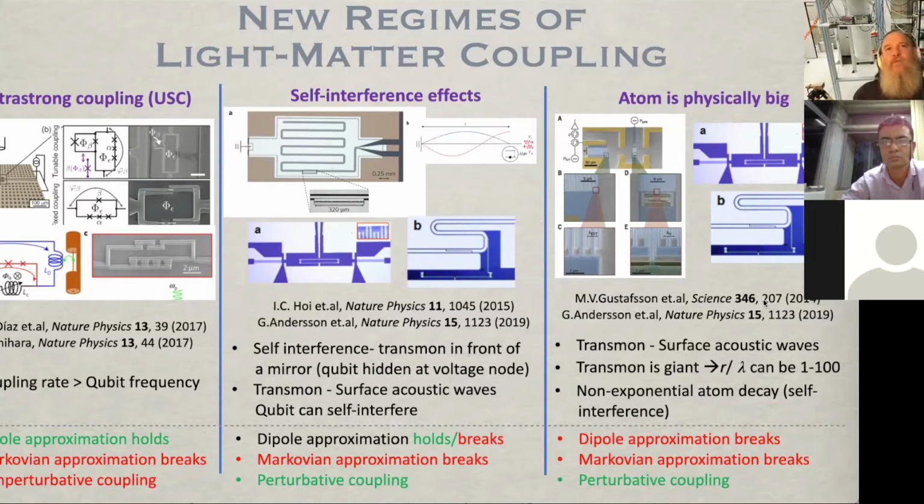I know the people in this group, they were really forced to come up with this theory. So they were trying to understand how we can treat this kind of quantum coupling between the superconducting qubits and these surface acoustic waves. And one of the things they realized very early on is that they break the dipole approximation. So they had to reformulate a lot of things of cavity QED in terms of these big atoms.